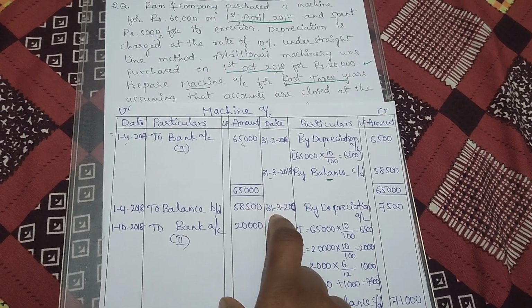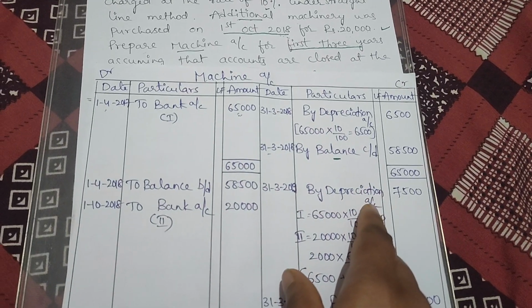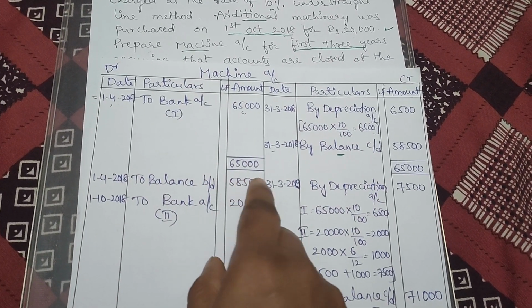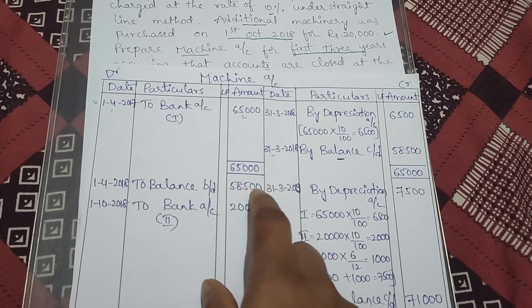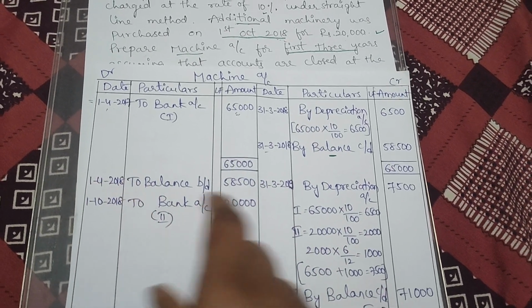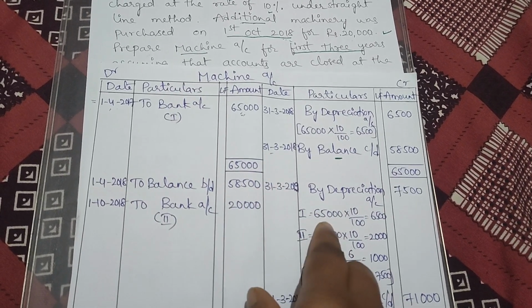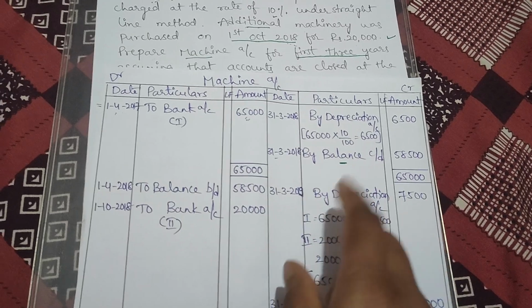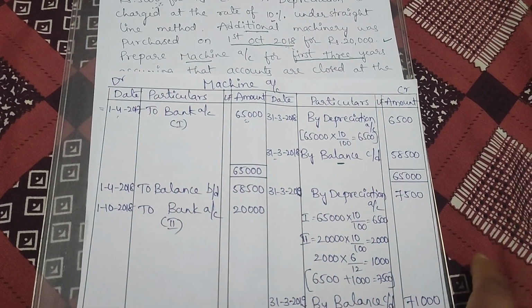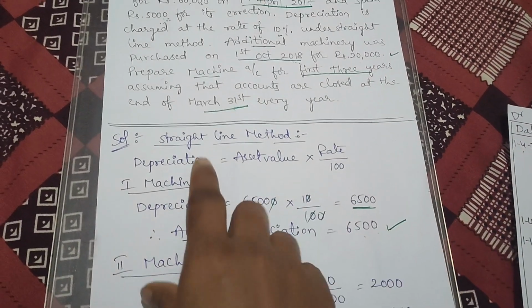On the closing day we should write depreciation, so here by depreciation account. But we have two machines, first machine and second machine. The first machine we used from April 1st for the full 1 year. Whatever depreciation we calculated for the full 1 year, that only will be taken, because we have to follow the straight line method.